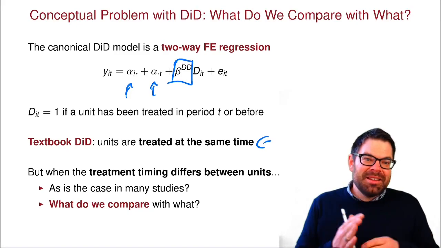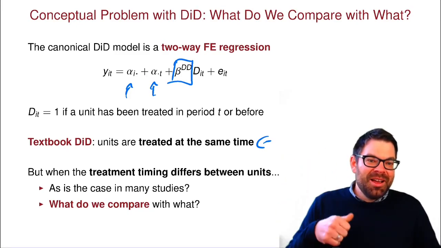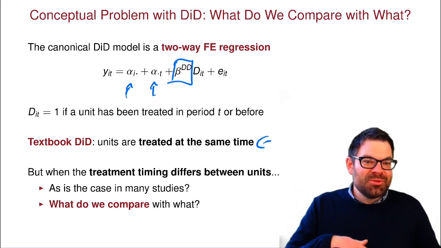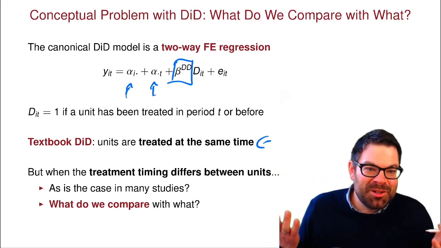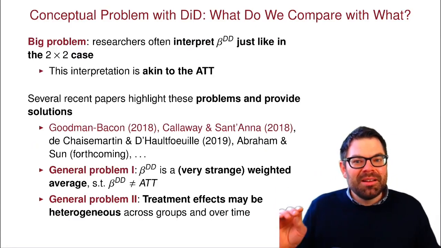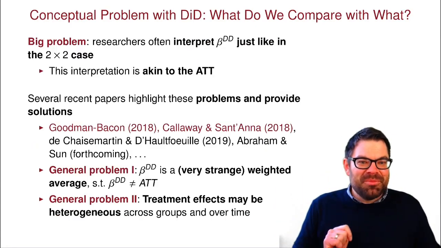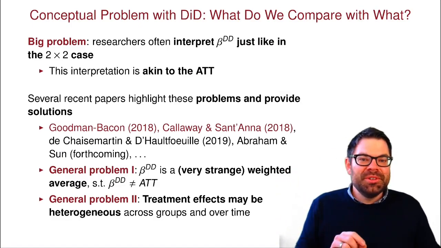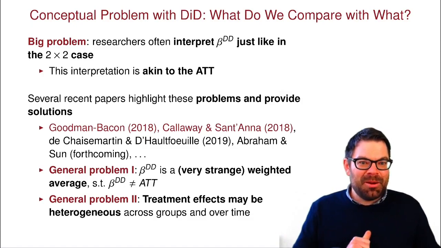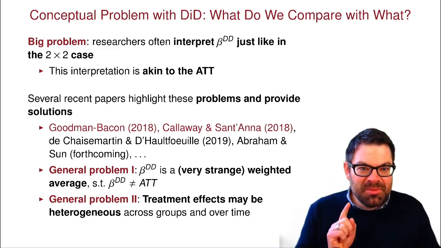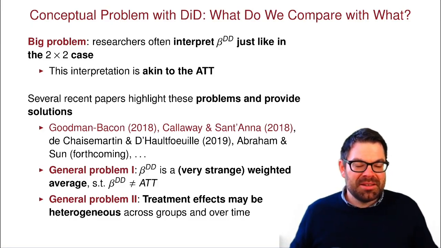They want to know the effect of treatment on a unit relative to a counterfactual where that unit is not treated, which by definition is the average treatment effect on the treated. But with the two-way fixed effect staggered adoption estimator, you do not get the average treatment effect on the treated, not without extremely strong and unrealistic assumptions.